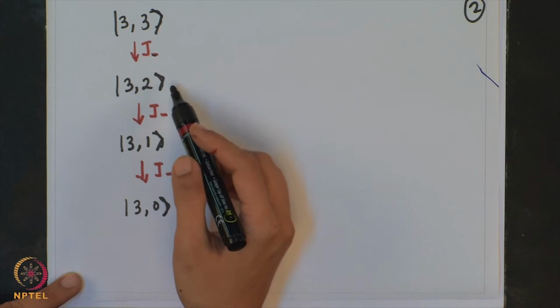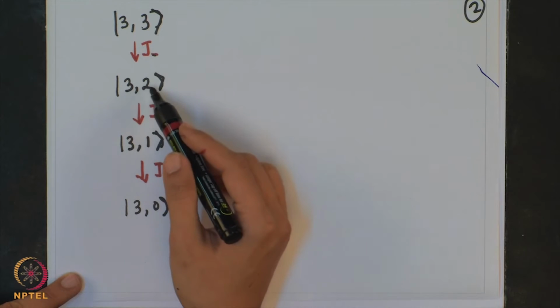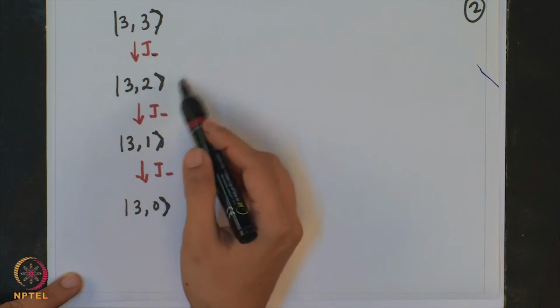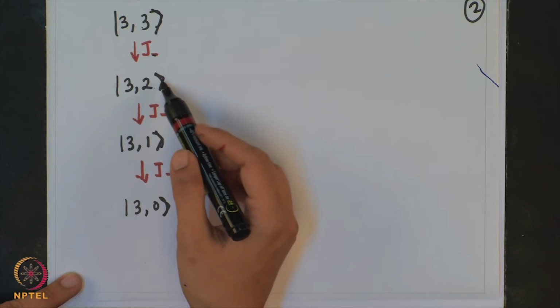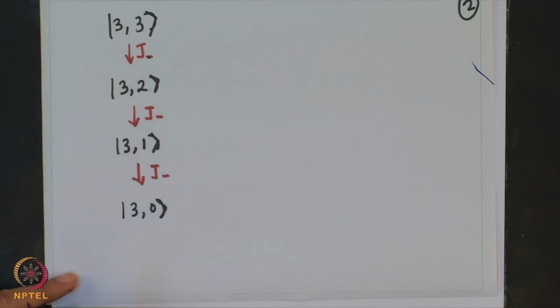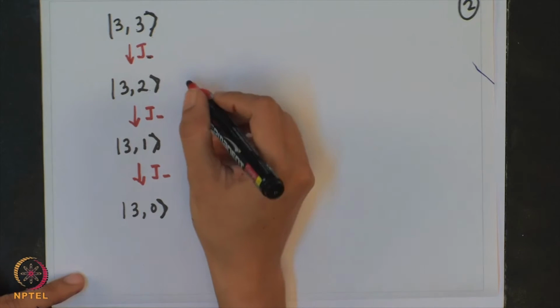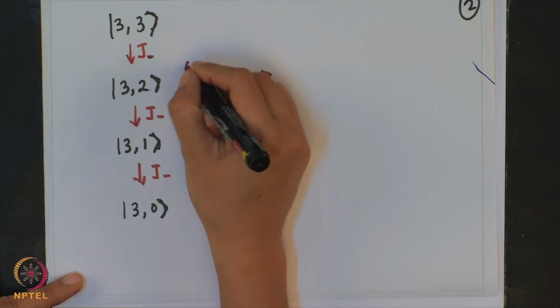And now for this particular state, this 3 2 will be a combination of some terms.